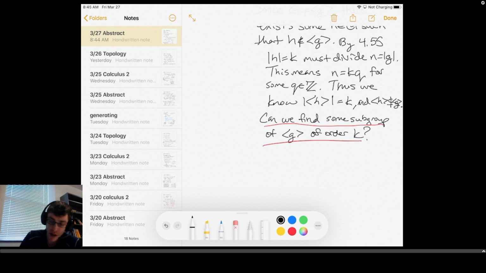Let's look at that for a second. If I have g to the k, what is its order? Remember, we have 445, which tells us how to find the order of things. Since it's inside the subgroup generated by g, which has order n, the order is n divided by the GCD of k and n. And that's going to be n over k, which is q.